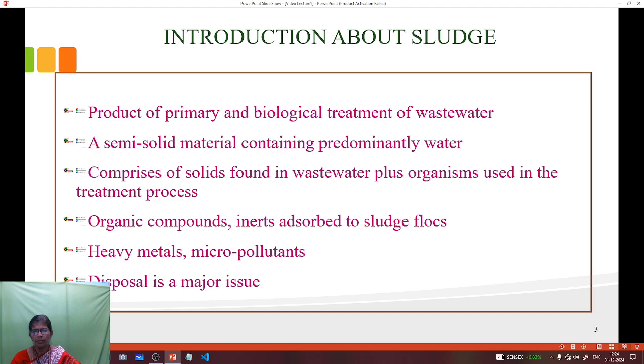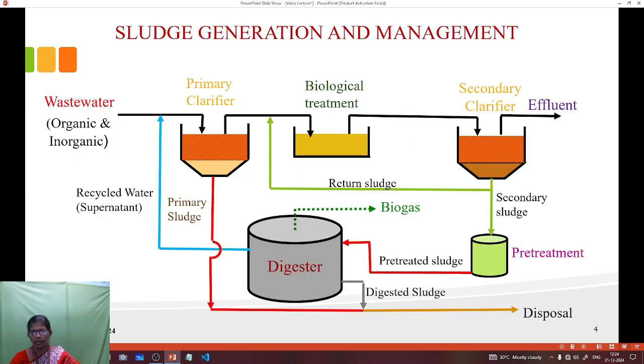These organic compounds are inert in nature and some are reactive. Chemical metals are also present, heavy metals and micropollutants. The disposal of sludge is a very complicated matter, so it is brought to this topic.